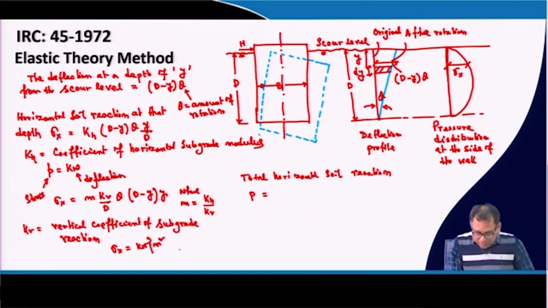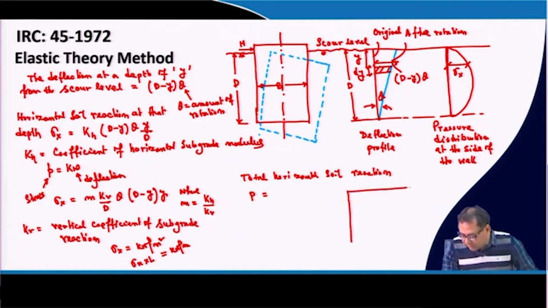Because we are now calculating the force, we have to multiply it with the length, then it will be in kilonewton per meter, so it will be sigma x into L. Now, what is L? This L is the cross section of the well.